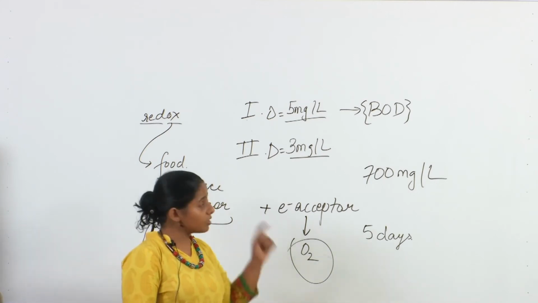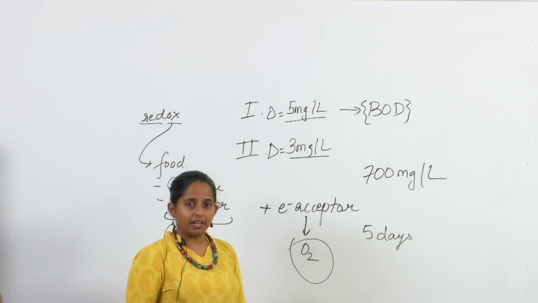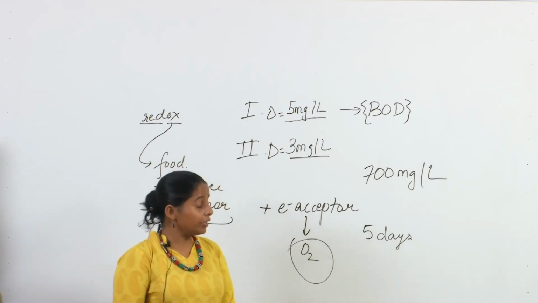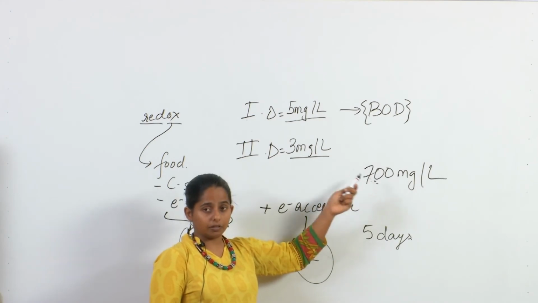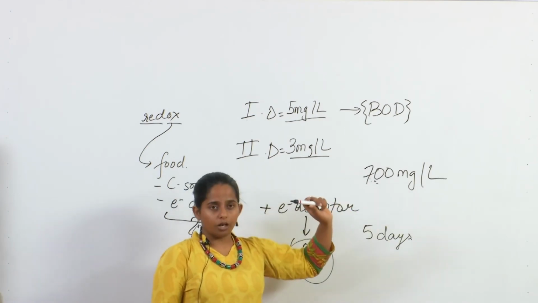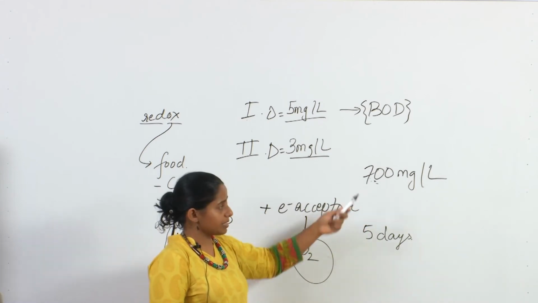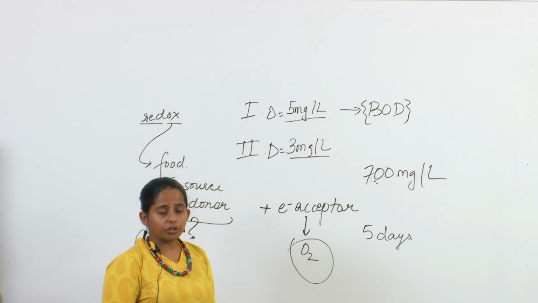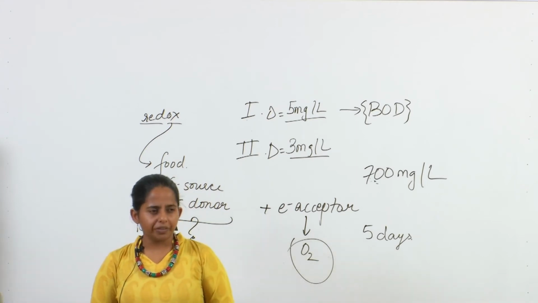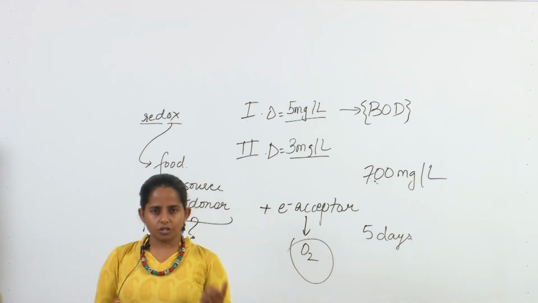But eventually, because there is food, the microbes will find a way, and once they find a way, they'll proliferate. So I know the potential of how much total microbial growth can happen. I know how much heterotrophic plate count I can expect from this sample pretty quickly if it has such a high BOD loading. So BOD loading tells me how much microbes can grow. This is very important.